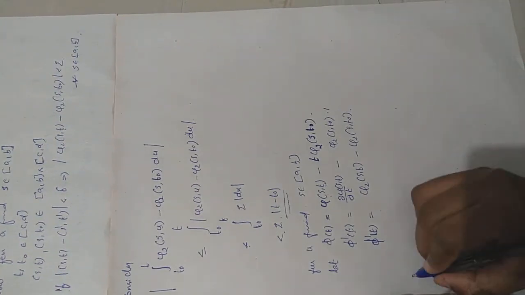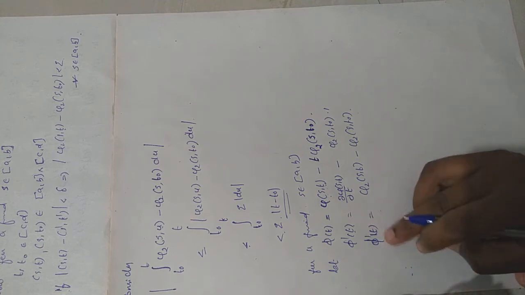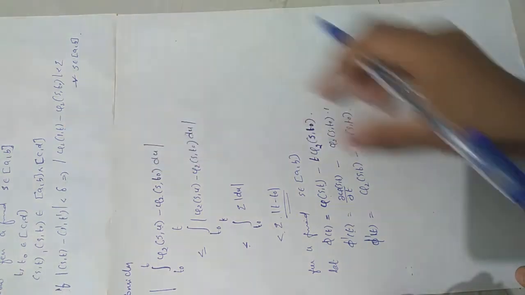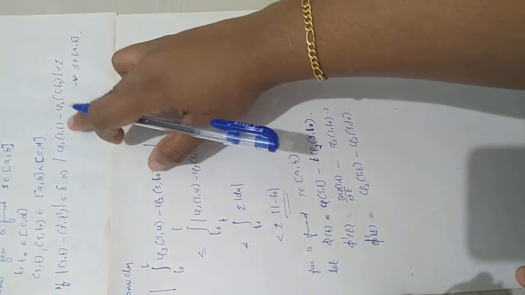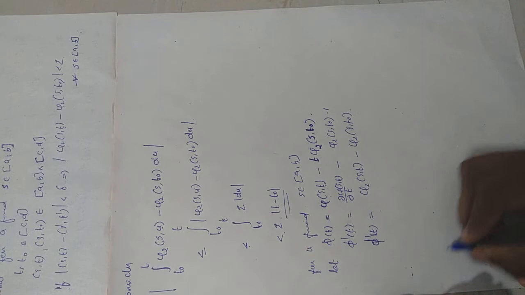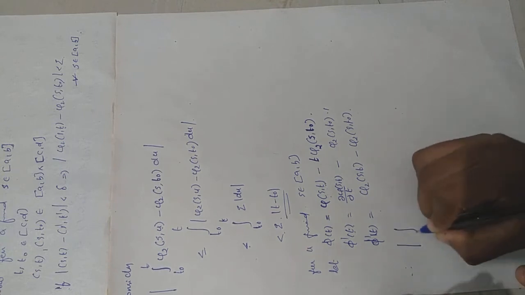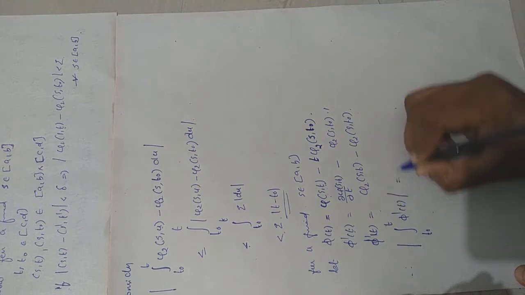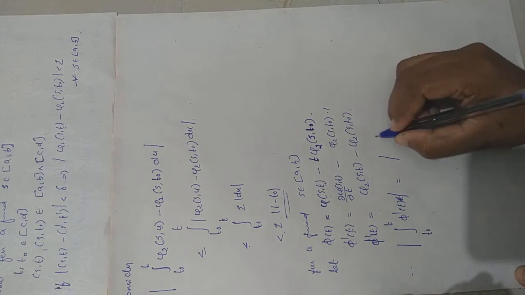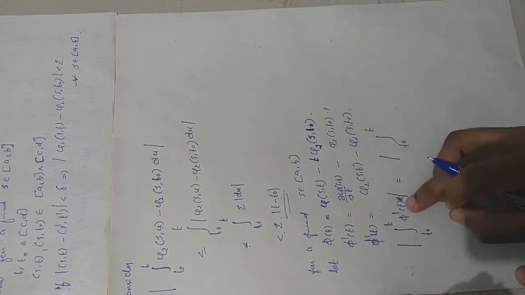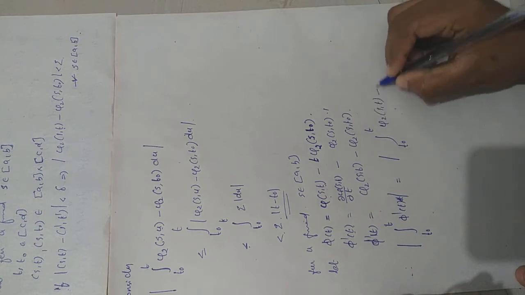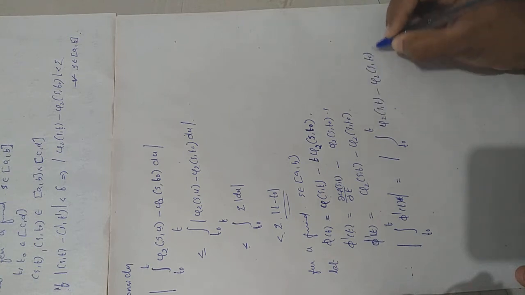Ready? Therefore we get phi dash of t equal to this, and this is nothing but the quantity inside the modulus. Therefore when you integrate, the modulus of the integral from t naught to t of phi dash of t dt equals the modulus of the integral from t naught to t of psi 2 of s comma t minus psi 2 of s comma t naught dt.